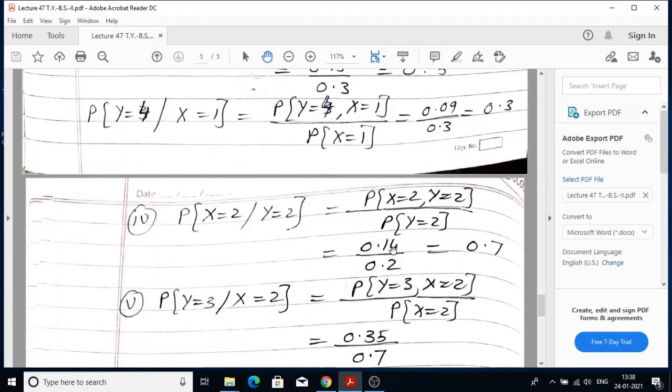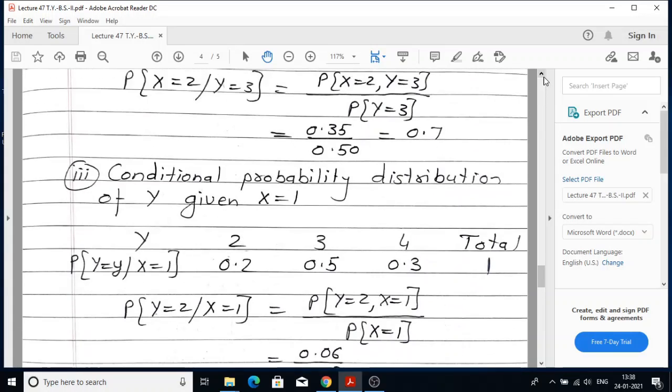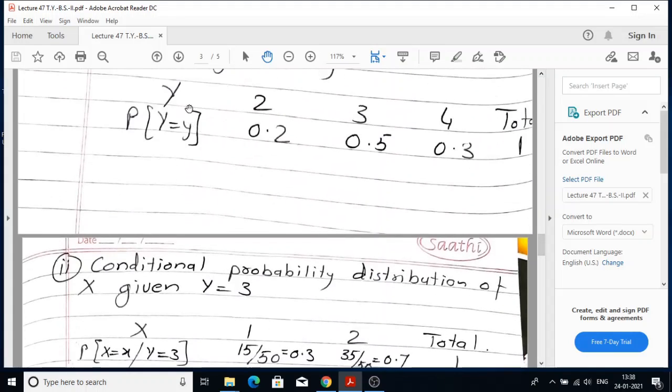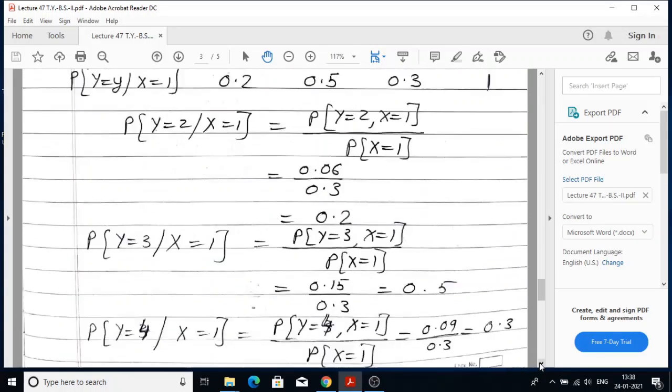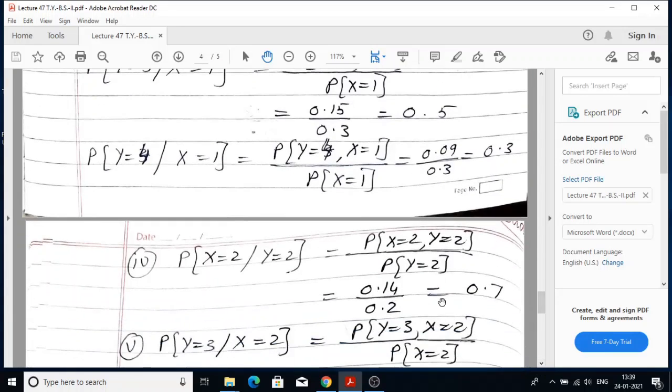So 0.14 divided by marginal y is equal to 2. Marginal y is equal to 2, value is 0.2. So 0.14 divided by 0.2, the answer is 0.7.